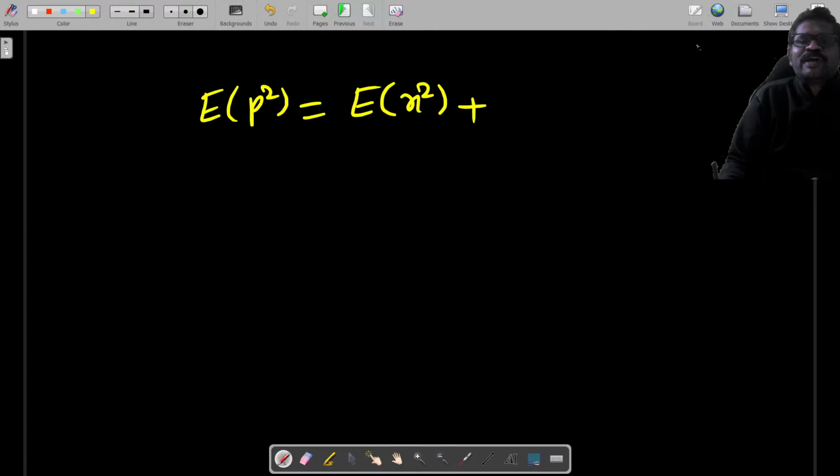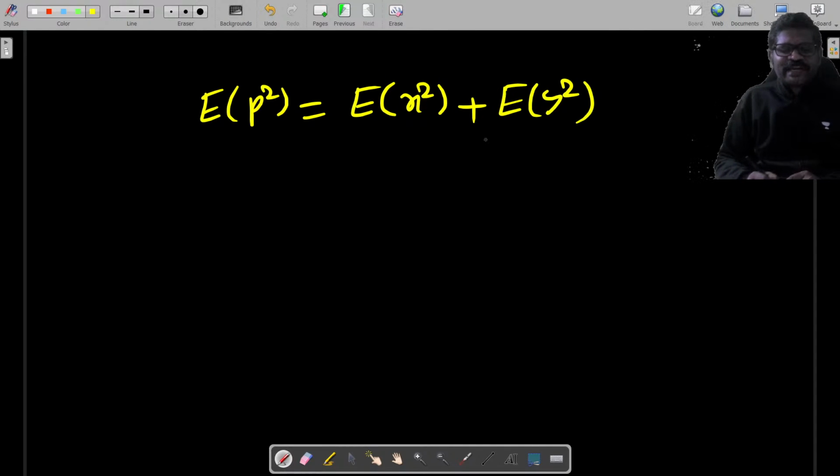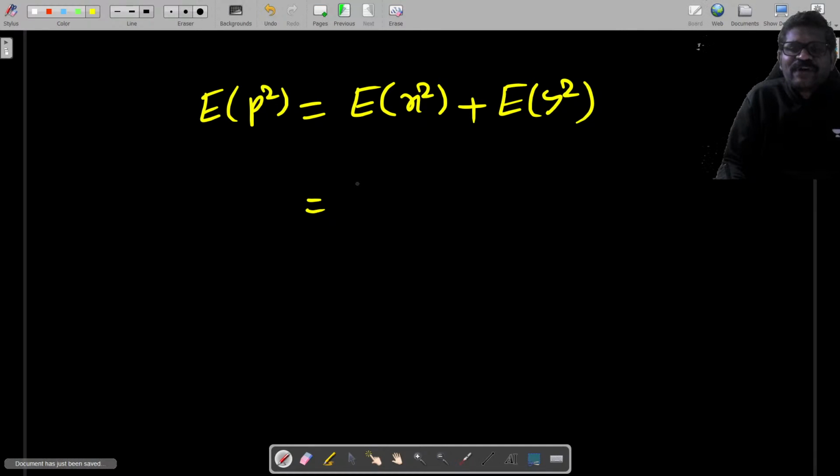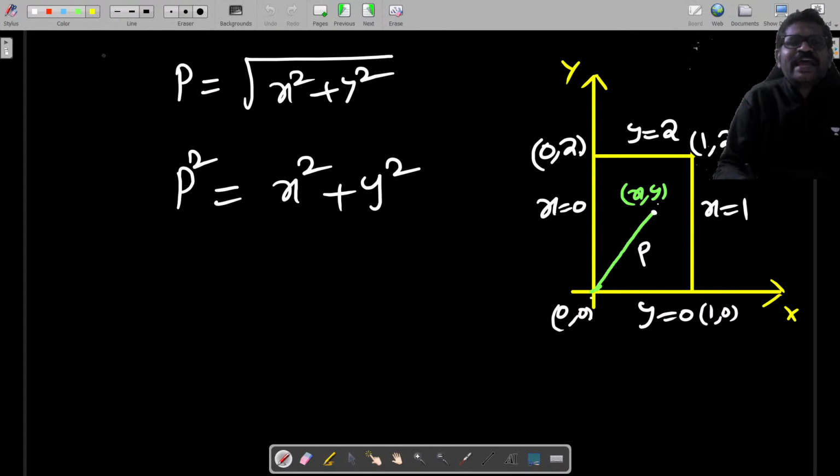Observe, expectation of p square equal to expectation of x square plus expectation of y square. As per the definition of expectation, in the case of continuous random variable, here x is continuous random variable because x varies from 0 to 1 in an interval.